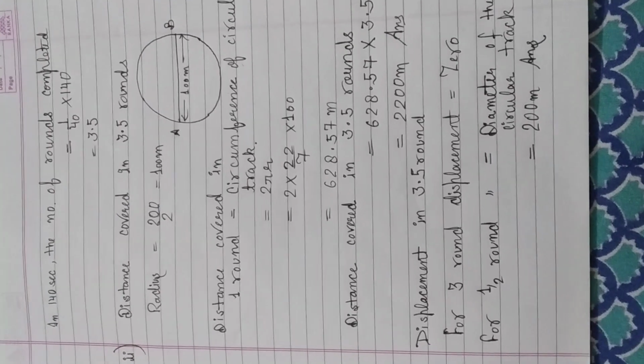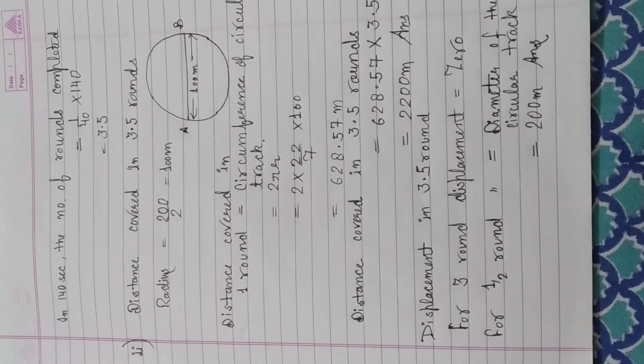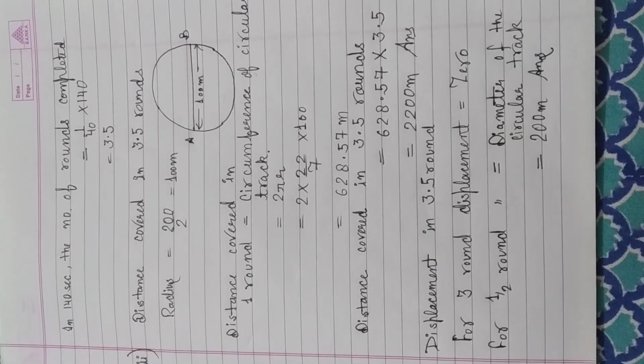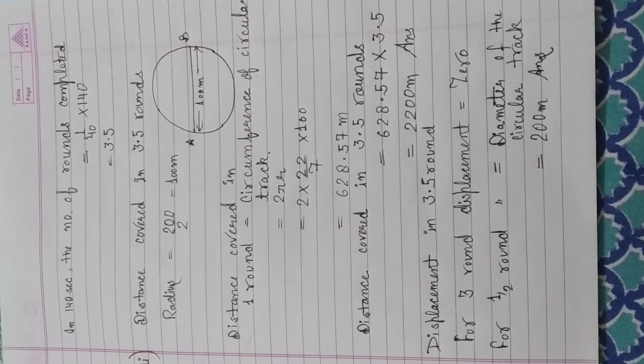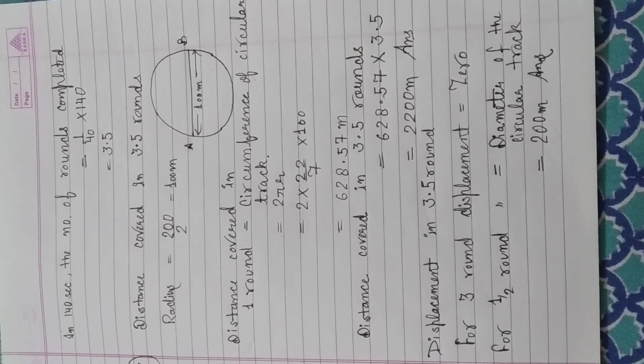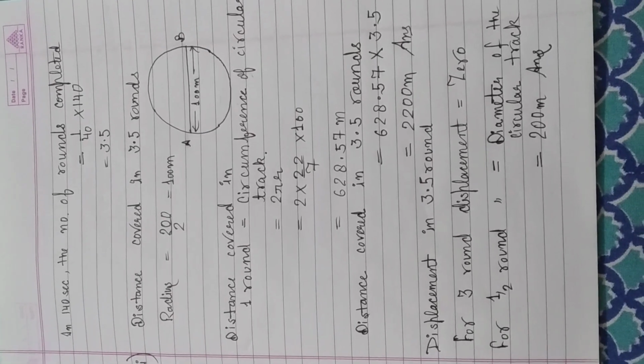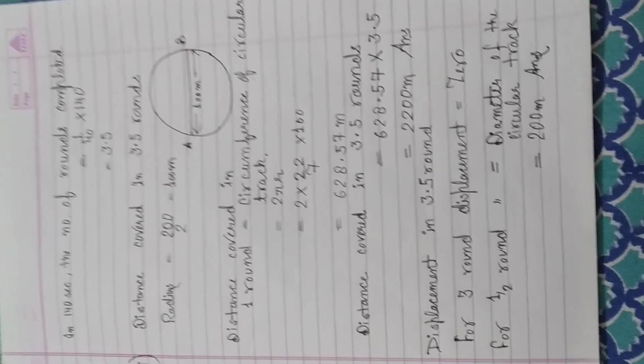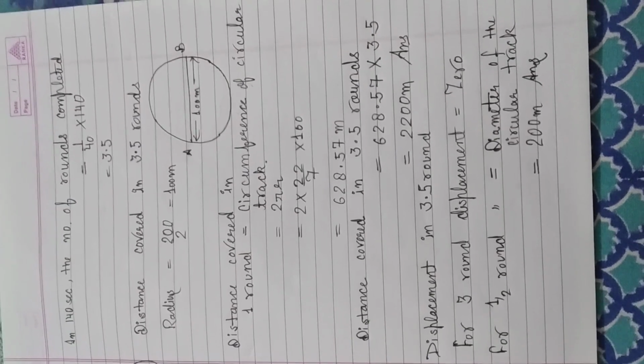Now we will calculate displacement for 3.5 rounds. For 3 rounds, when the athlete starts from point A, after the 3 rounds it again comes back to A. 3 rounds के लिए athlete जहाँ से चला था वहीं पर वापस आ जाएगा. That will be 3 full rounds.